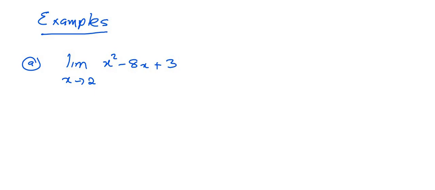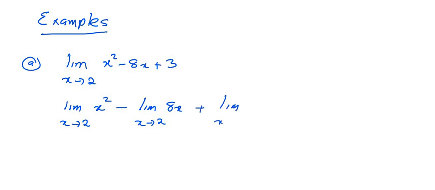So look at this problem here. We're going to just write it as the limit as x approaches 2. We're going to split them. Each piece has to be represented separately. So the limit as x approaches 2 of x squared, minus the limit as x approaches 2 of 8x, and also the limit as x approaches 2 of 3.